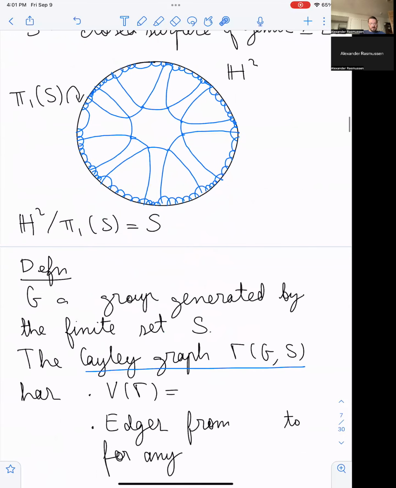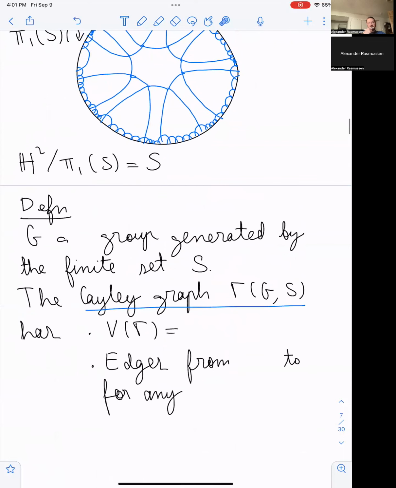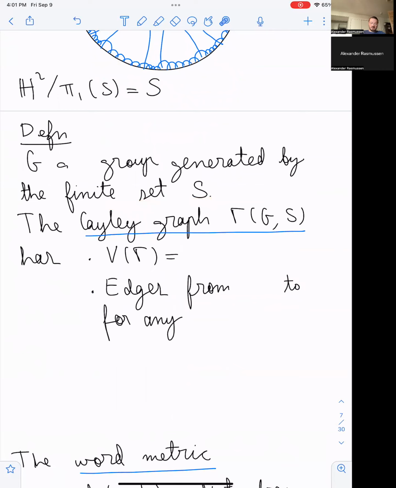Now, there's another perspective on hyperbolic groups, which comes from thinking of groups themselves as metric spaces. So we have a finitely generated group G. I'm going to fix a finite generating set S. And we want to define some geometry. We're going to do this using the Cayley graph of G. So what are the vertices of this graph?